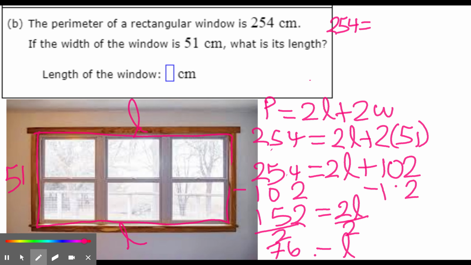So is 2 times 76 plus 2 times 51 equal to 254? Agree or disagree?